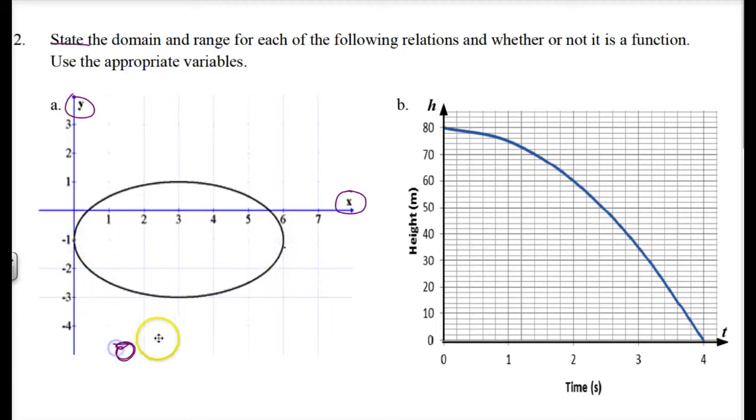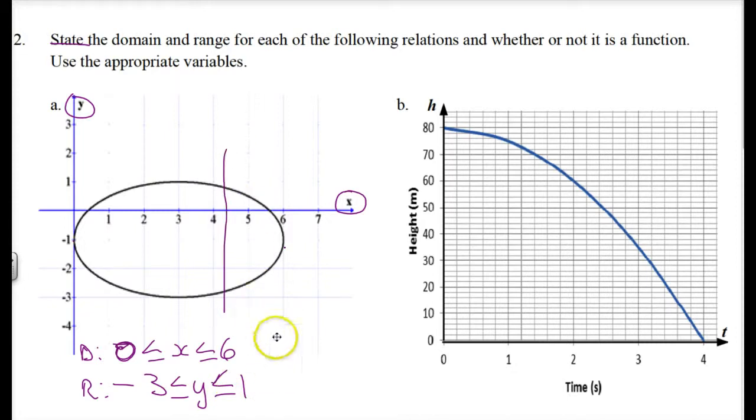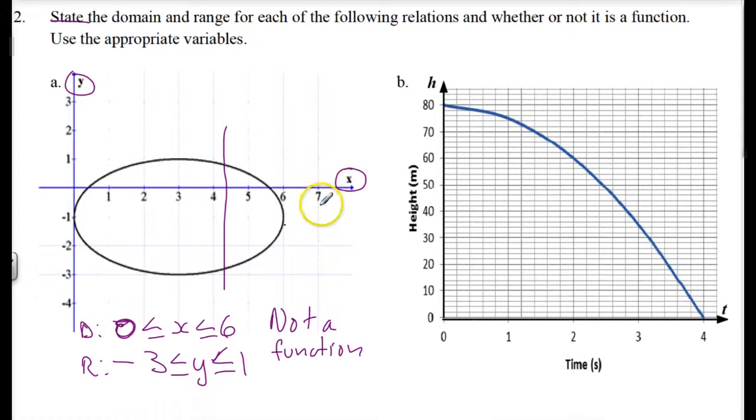So 0 less than or equal to x less than or equal to 6 is the domain, and the range from -3 to positive 1, and you're going to be doing a lot of this. So get this notation down, think about it, have it so it makes sense to you. Vertical line test, no, so not a function. And remember, the vertical line test can only be used to rule it out, not as a definition.